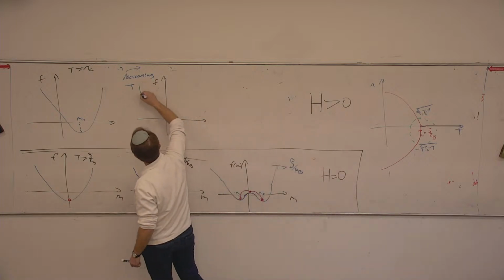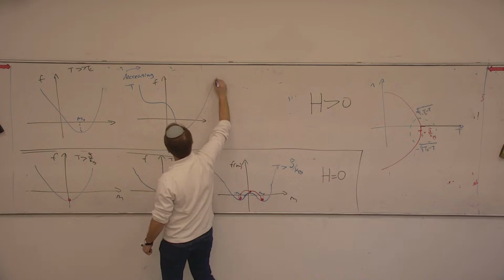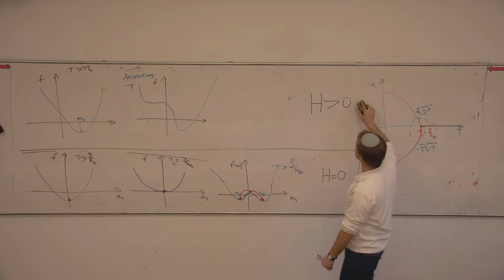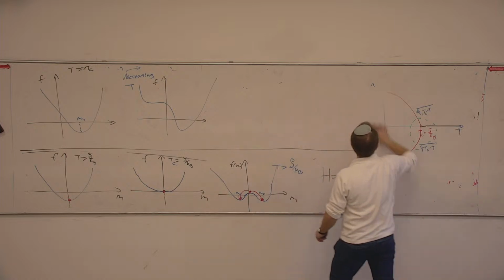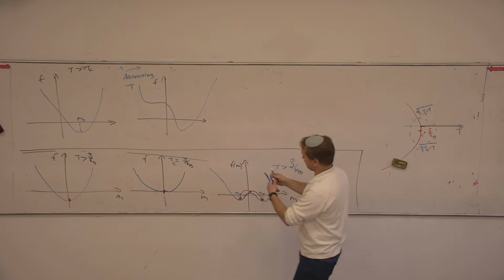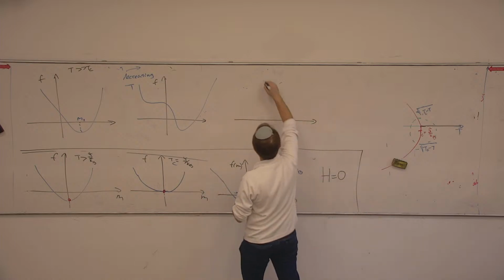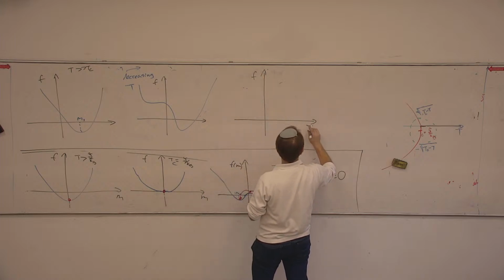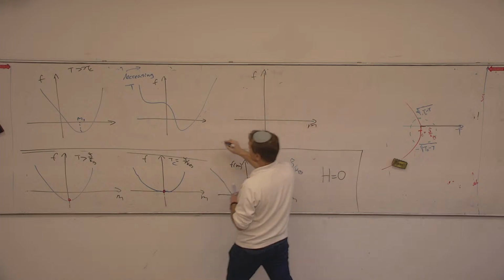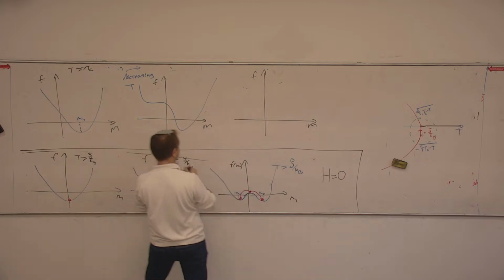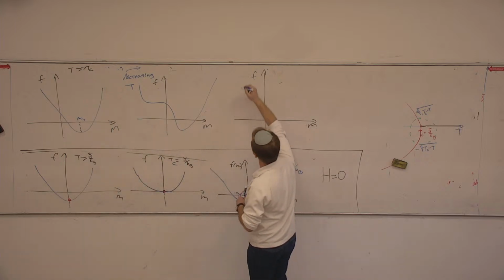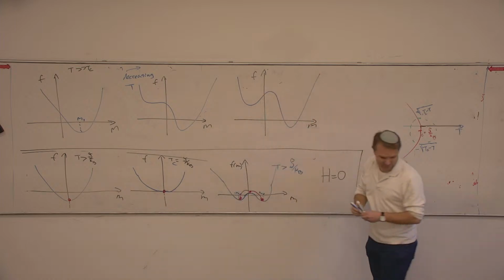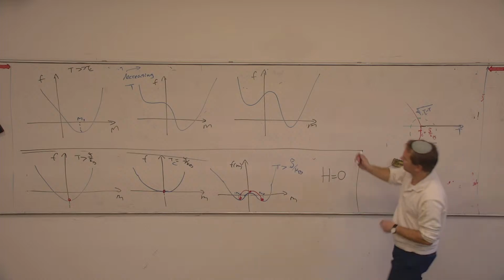It will look like this, and I decrease my temperature even more. This is F. This is M. And at some point, this guy will become like this. And my system is still sitting in this global minima.